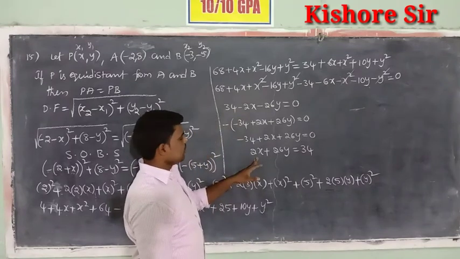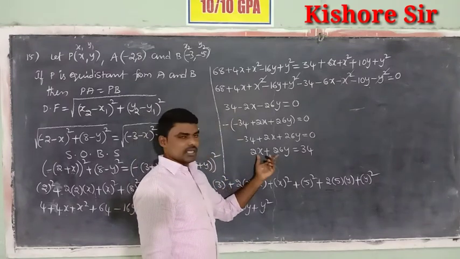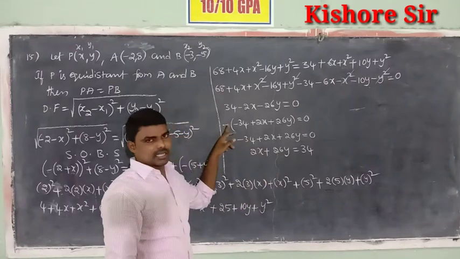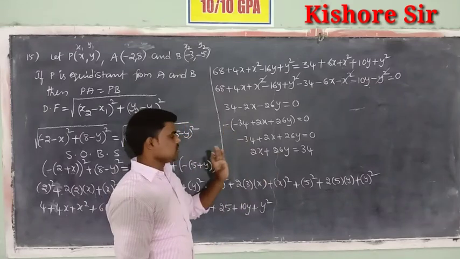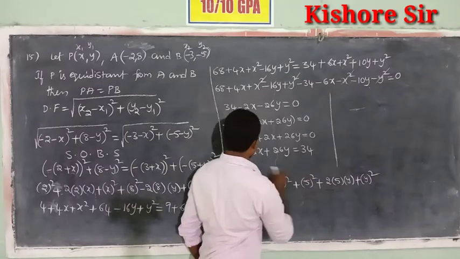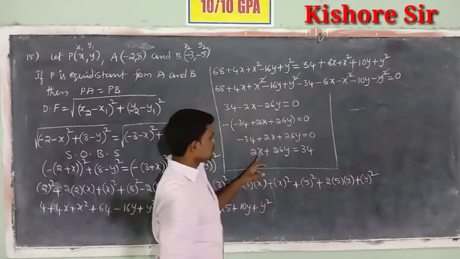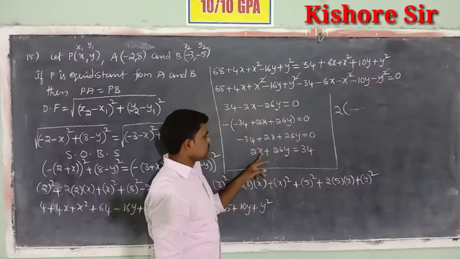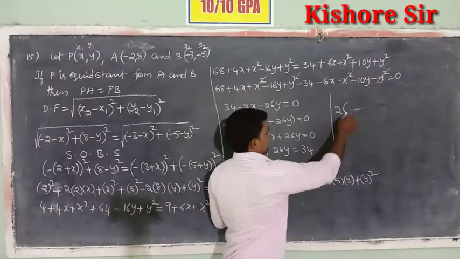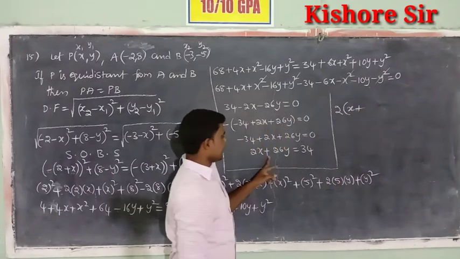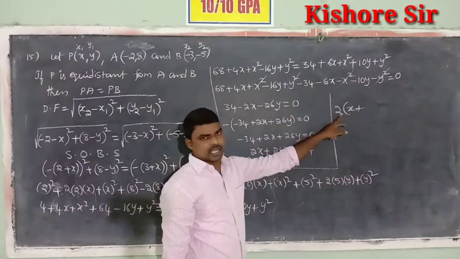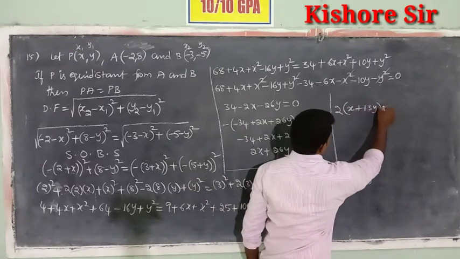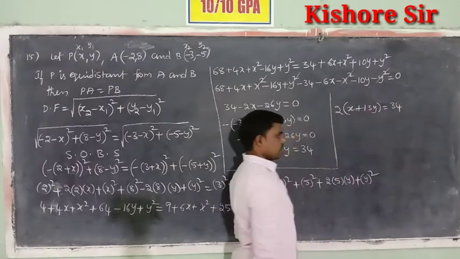See here, once again 2 is in common. The better option is to take minus 2 in common, or follow this process. Okay, so 2 is in common. In 2x, 2 is in common, the remaining term is x. In 26, 2 is in common, the remaining value is 13. So 2 times (x plus 13y) is equal to 34.